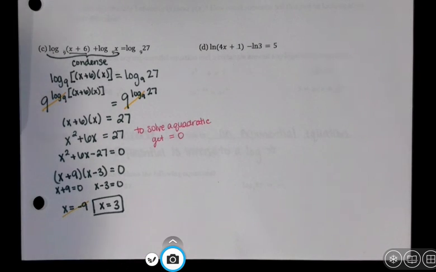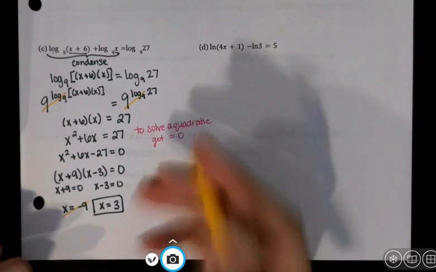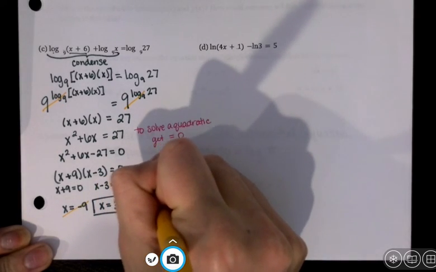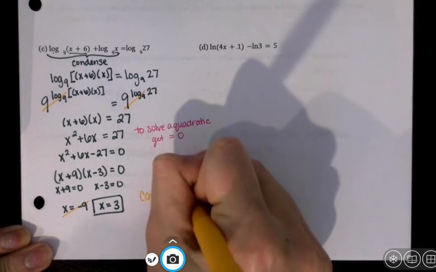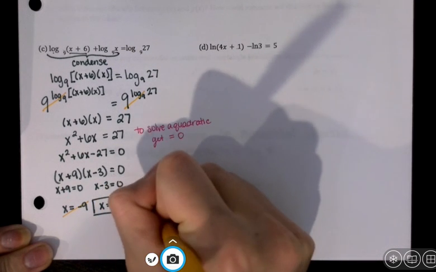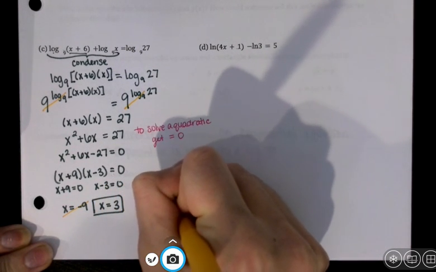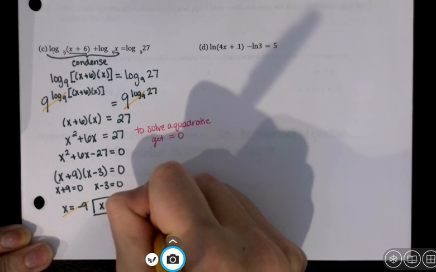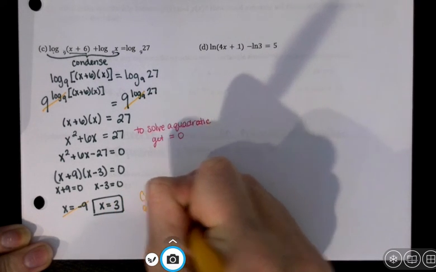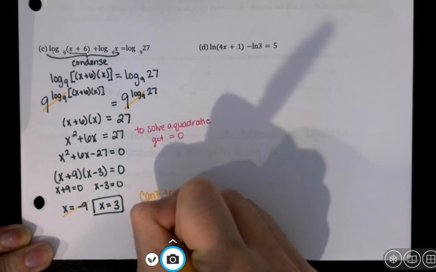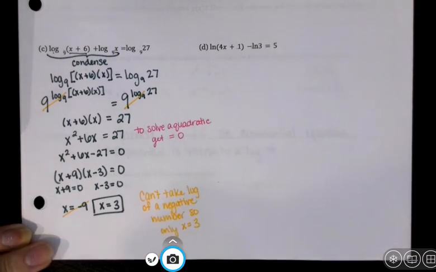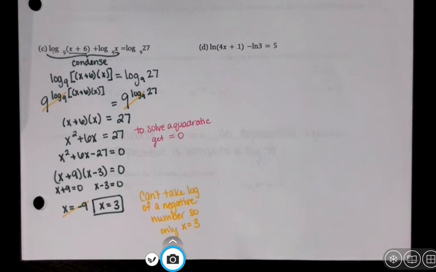So I'm going to make a note so that we remember we can't take log of a negative number, so only x equals 3 is our answer.